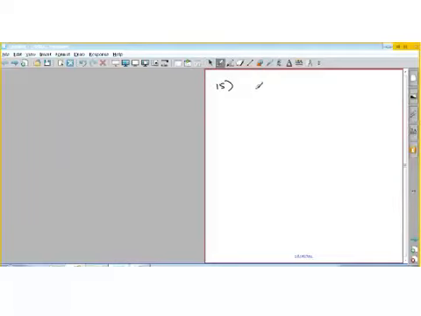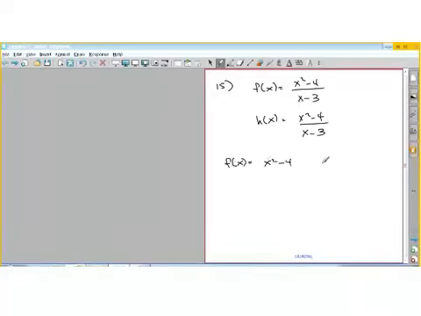15. So this is the same kind of deal, except we're using the quotient rule. Again, for convenience. Okay, so let's say f of x is the numerator, g of x is the denominator. Take the derivatives using the power rule.